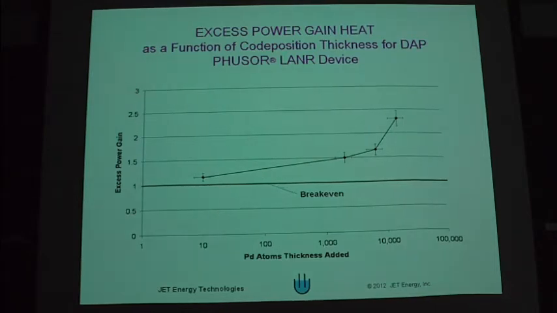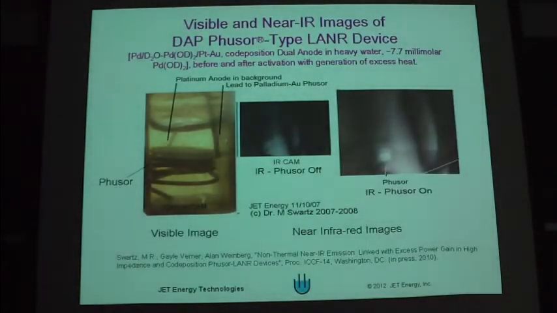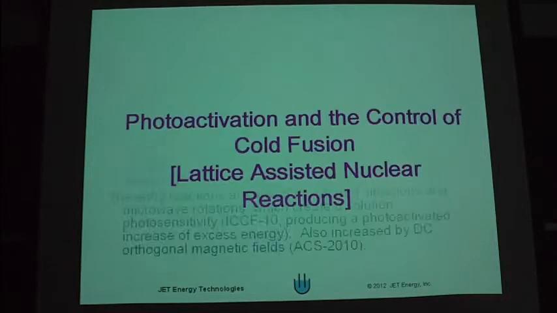We can see that as we add the calculated thickness, we're getting more energy out. One other thing we get here, we can see the fusor. When it turns on, we get illumination in the near infrared. We'll come to that in a second. Take-home point: there's more than one kind of cold fusion in the sense that there are different types of loading. There's co-dep as well as classic.